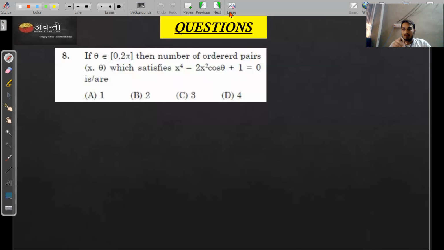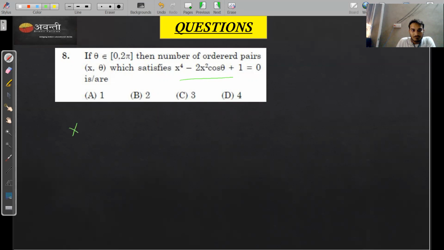Now see the example. This is similar to the last question. You have only one equation here also: x raised to the power 4 minus 2x square cos theta plus 1, and there are two unknowns, x and theta, right? Okay, so how will I solve this?